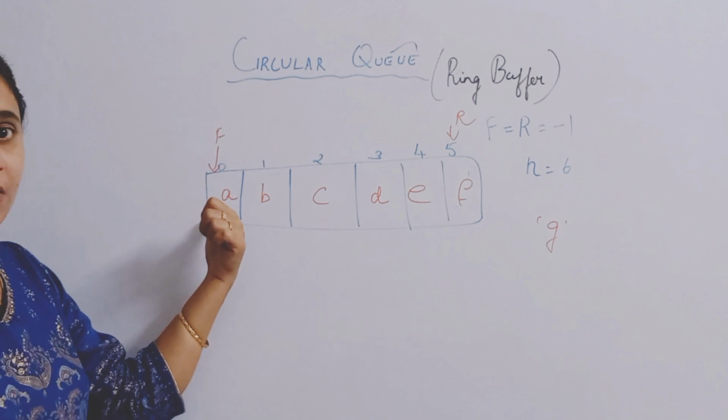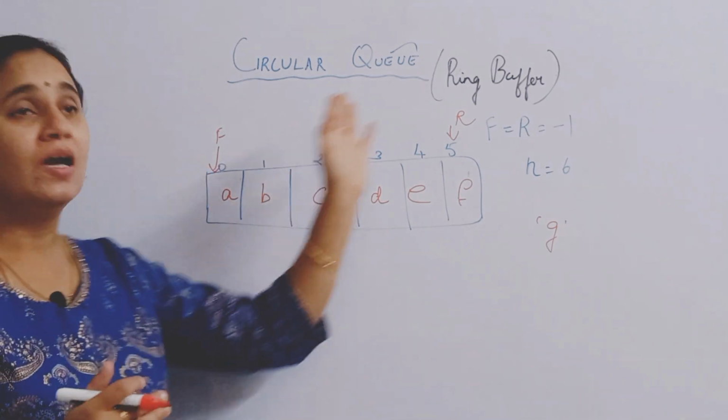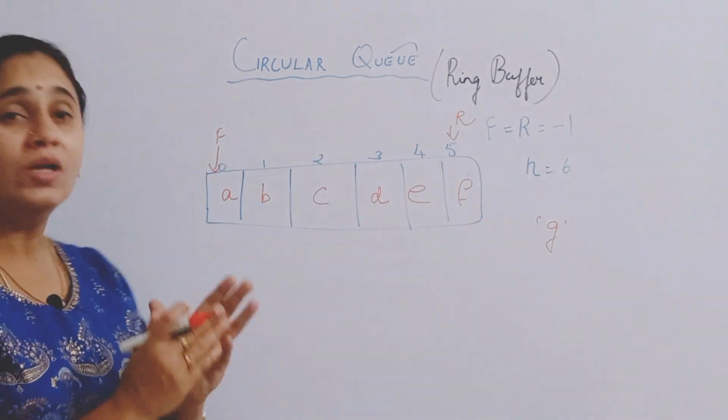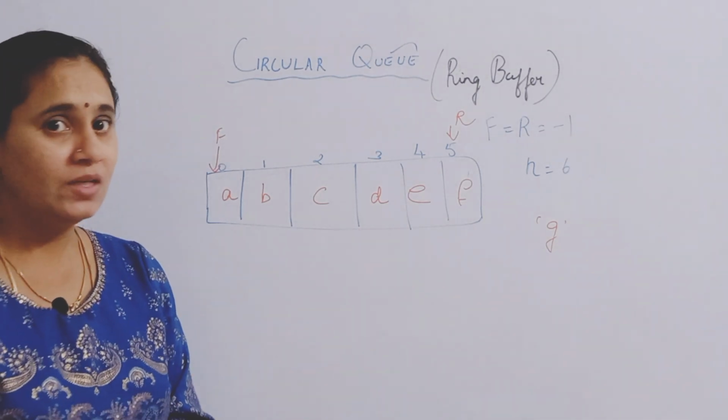Okay, then what is the meaning? The elements present between front and rear are all there, so I cannot insert any more elements, isn't it?